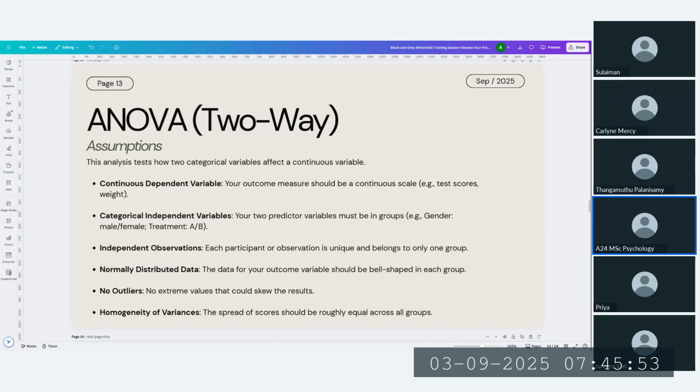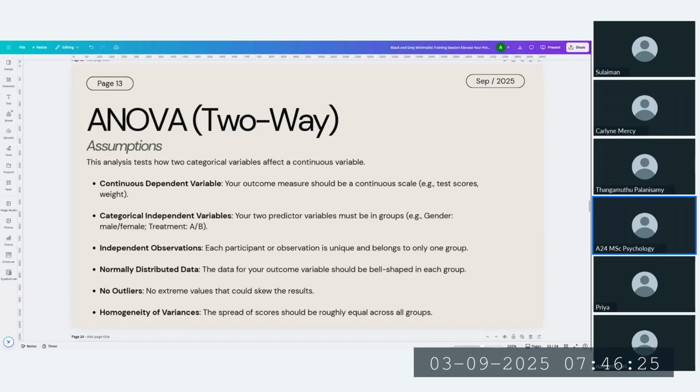Secondly, the predictor variable, the variables that you use, the treatment that you use, the therapy that you use, or the gender that you use should be able to categorize it. Male or female, CBT or psychodynamic, things like that. Now, independent observation. Each participant or observation should only belong to one group. You cannot have people who are in both groups.